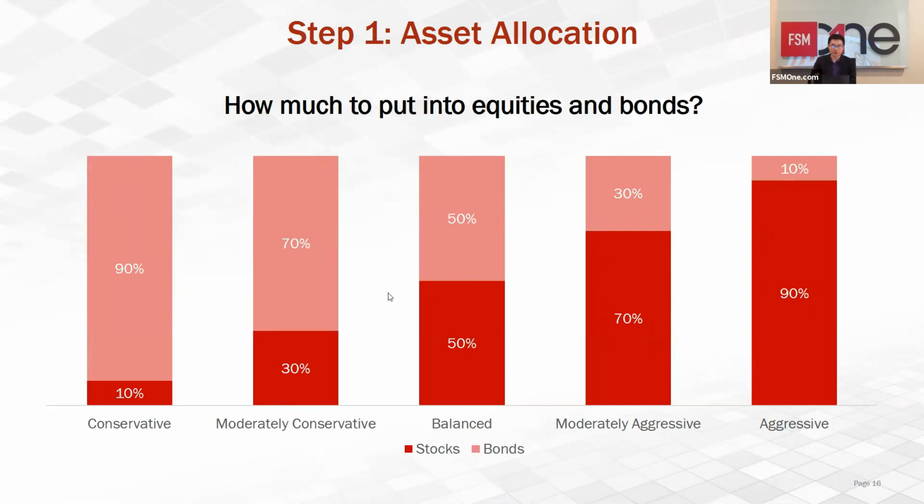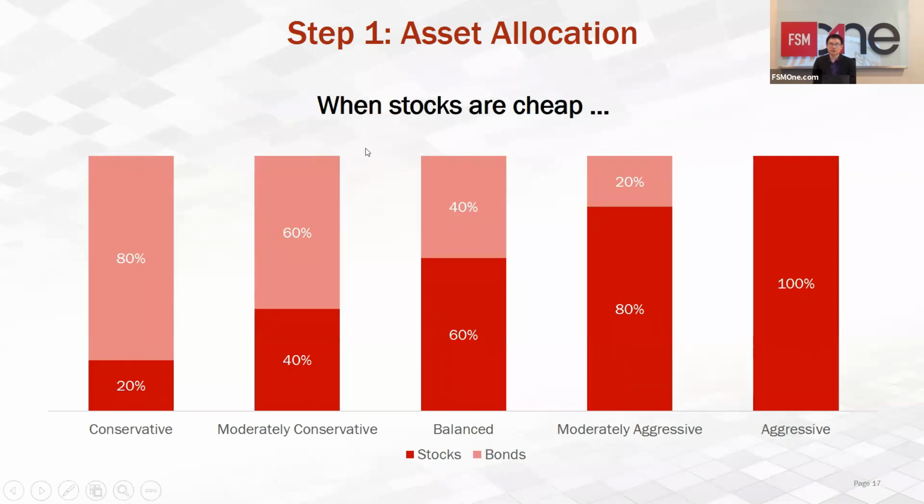You can adjust your portfolios accordingly. For instance, when stocks are cheap, like this year after the market crash associated with COVID-19, equity market valuations are getting a bit more reasonable. So this is perhaps the time for investors to consider whether they want to change their portfolio allocations.